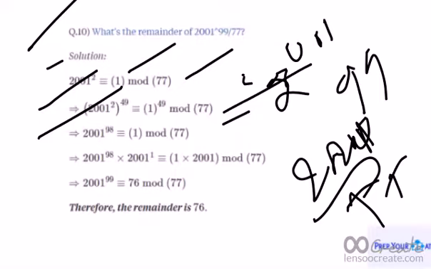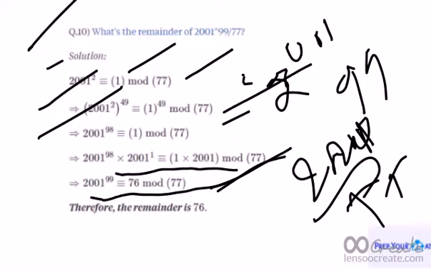We need 2001 raised to 99. Therefore multiplying by 2001 on both sides, and after normal division you can find the remainder to be 76. Therefore the remainder when 2001 raised to 99 is divided by 7 is 76.